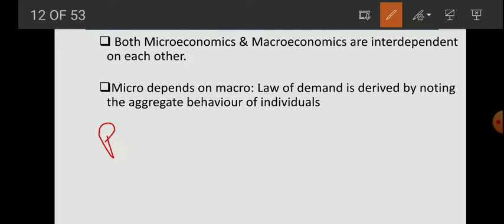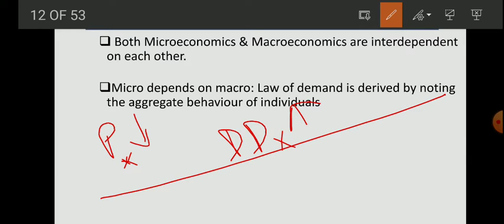see, if the price of any commodity, say for example X, decreased, you found the commodity X's price decreased. So what will happen? Demand for that product, that is commodity X, will increase. But if there is another situation, suppose Px, that is price of X, increased, what will happen at that time?